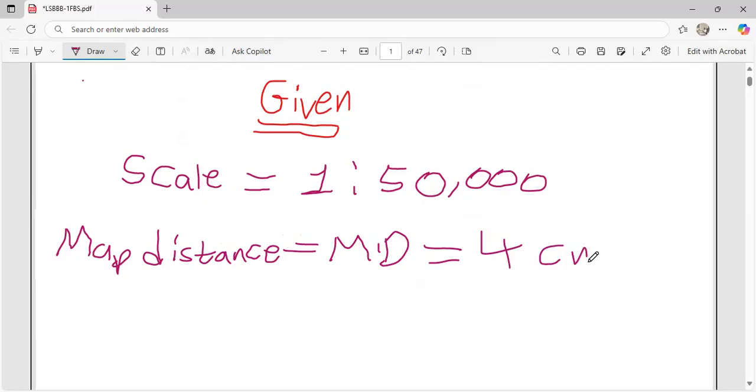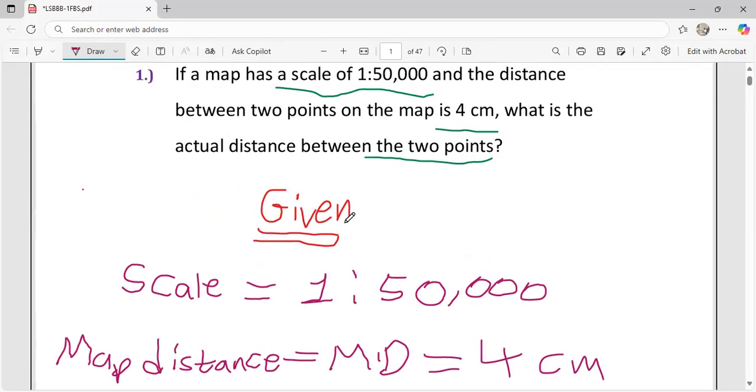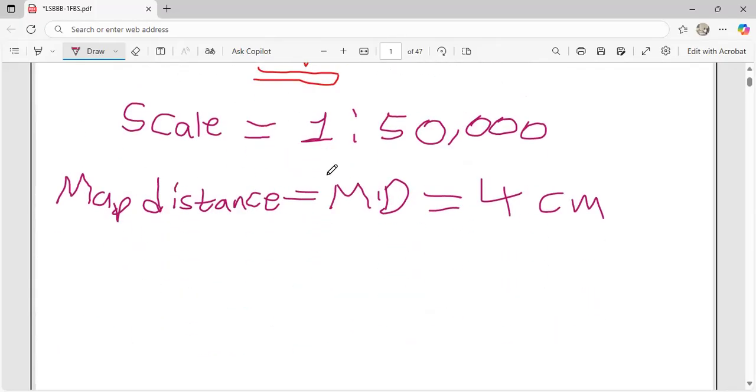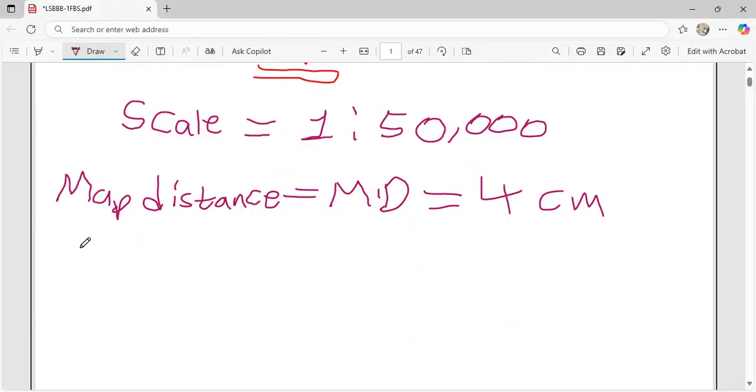Good. From there, what is the actual distance between the 2 points? The actual distance between the 2 points can also be known as the ground distance. So the actual distance is what? They don't know, they're asking us to find it. Actual distance.